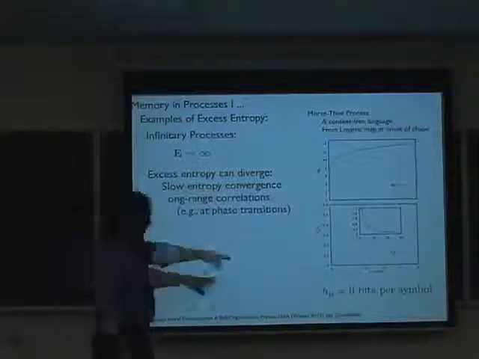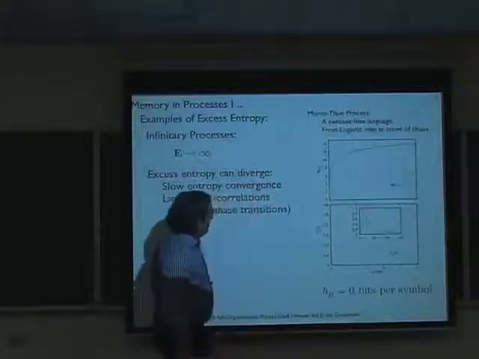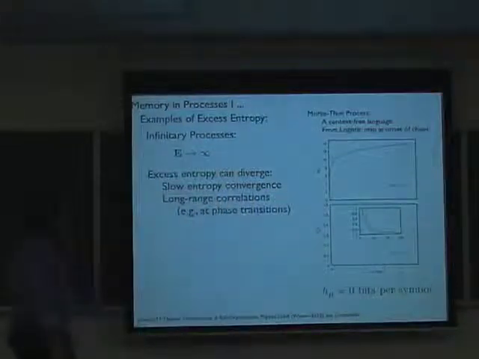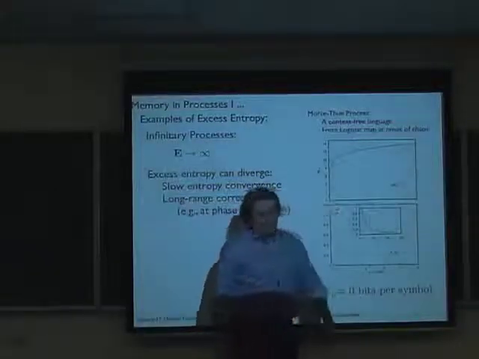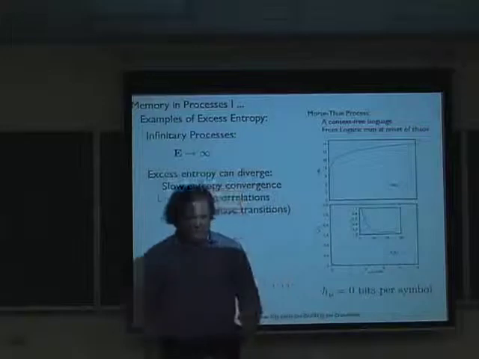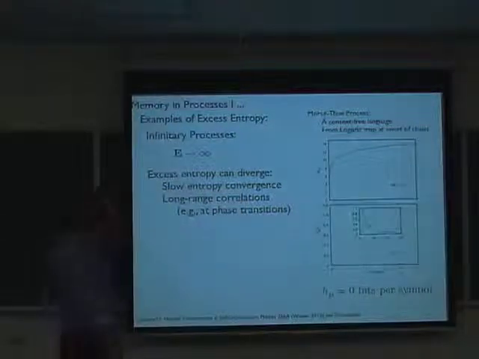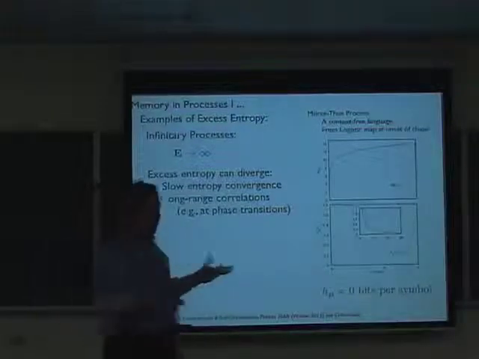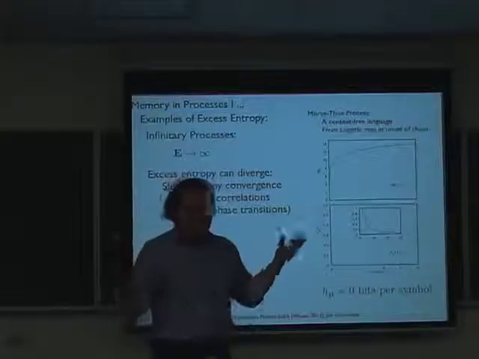There's a technique called Renormalization Group that lets you calculate all these properties exactly. It comes out of statistical physics, phase transitions. So in fact, this is a signature of systems at phase transitions that have long-range correlation, so-called critical phenomena. They have infinite memory. Physicists say, oh, infinite correlation length. We now say infinite excess entropy.